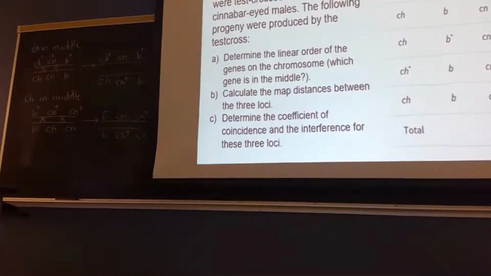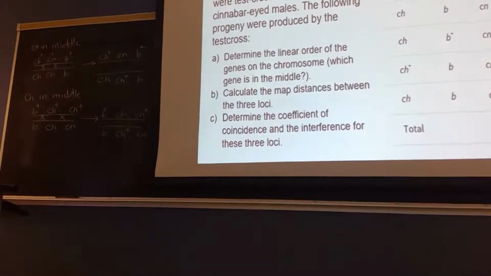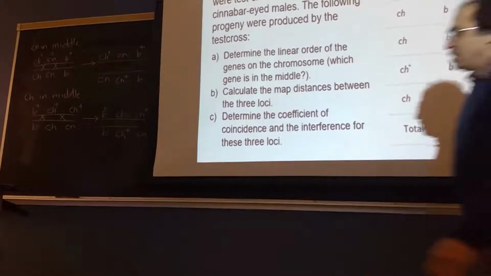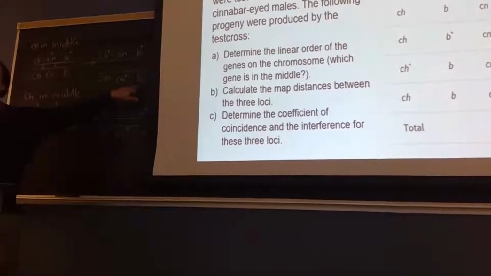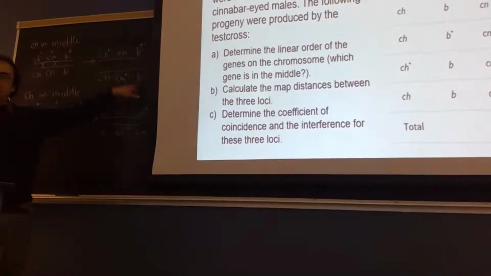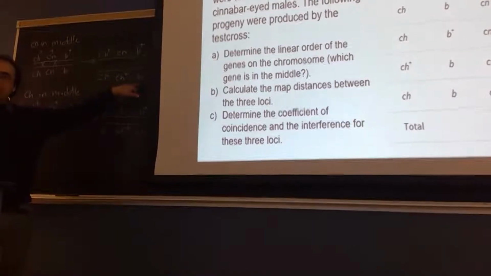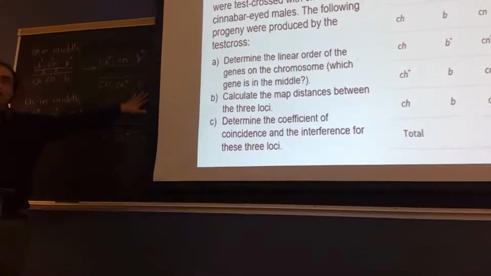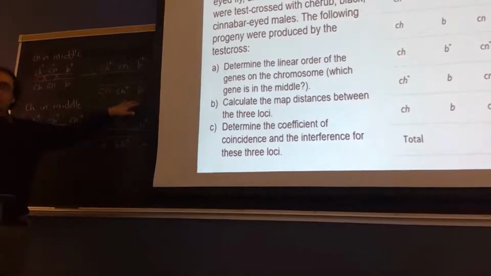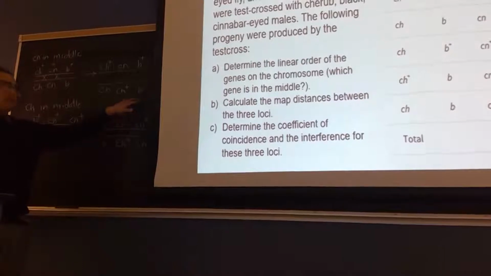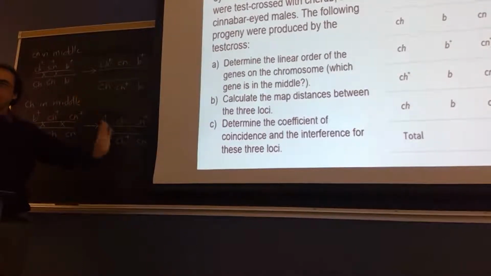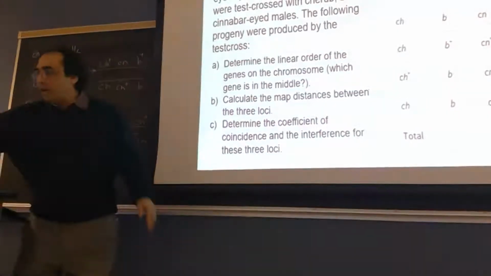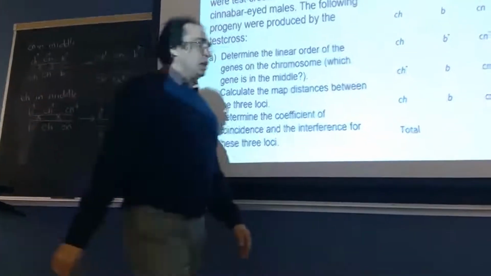So CH, CN plus, and B. So this is the correct order of the genes. Okay. So now we know that this is the correct order of the genes. So CN is the middle. That means B could be on either this side or that side, or CH could be on either this side or that side. That doesn't matter. Now, based on that one, we need to arrange all this population.